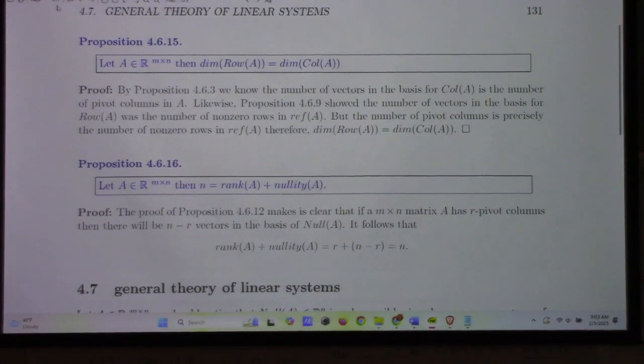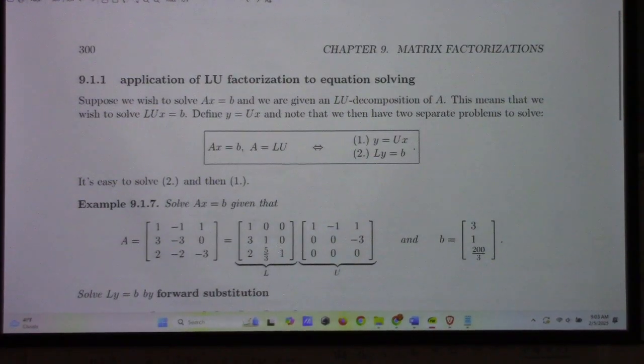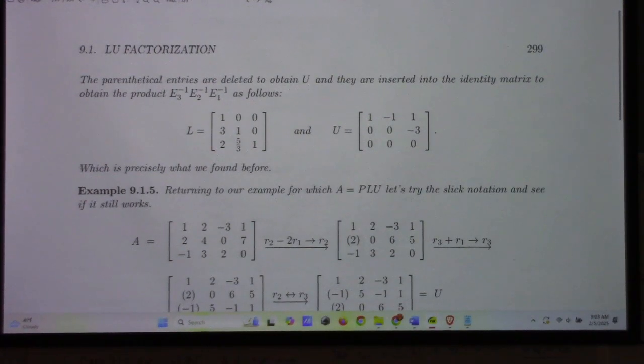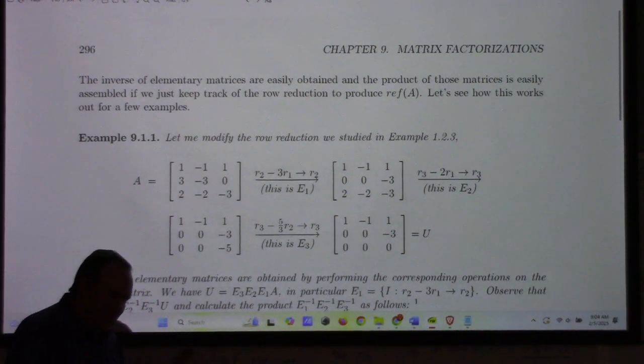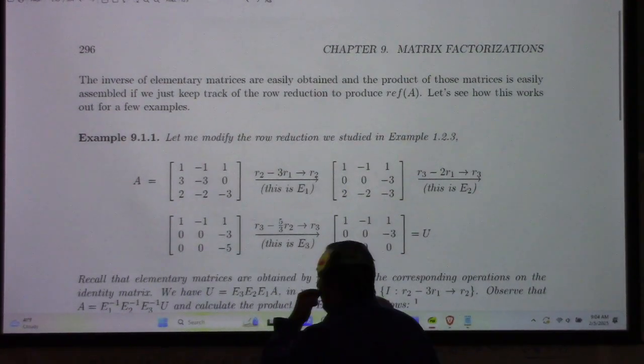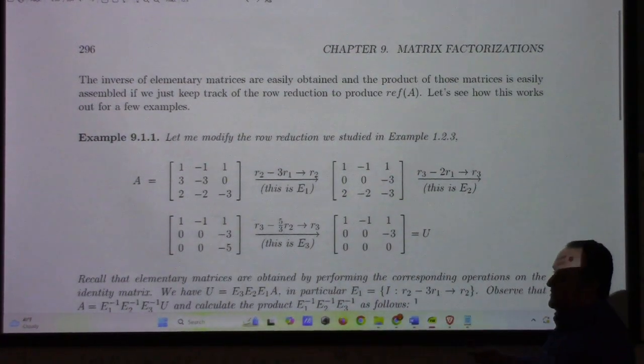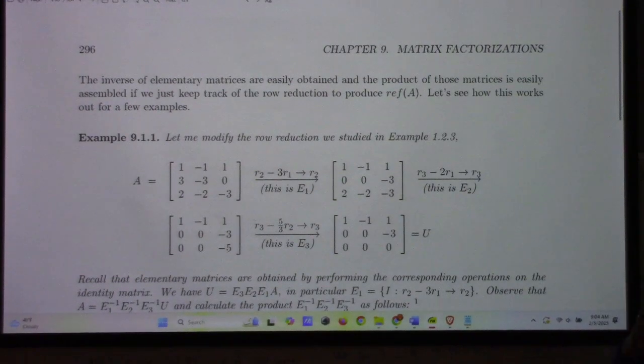Okay, so next time, let me show you what we're going to talk about next time, guys. It's like an appendix. This is the so-called LU factorization. So it turns out that you can take most matrices and do the forward pass on them that we talked about, right?